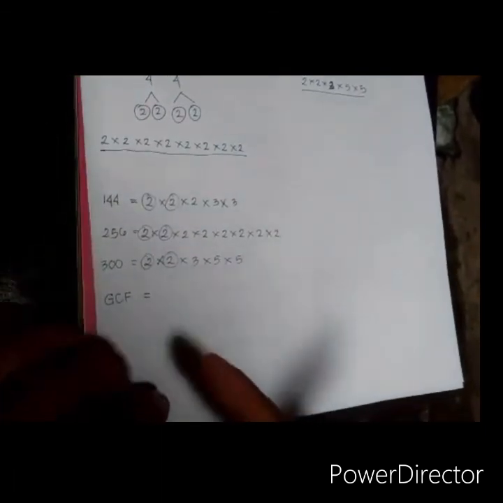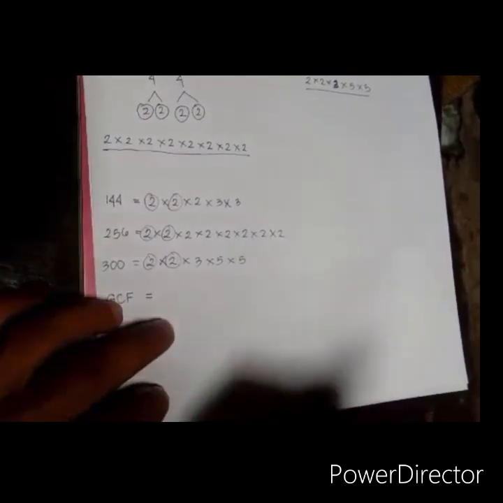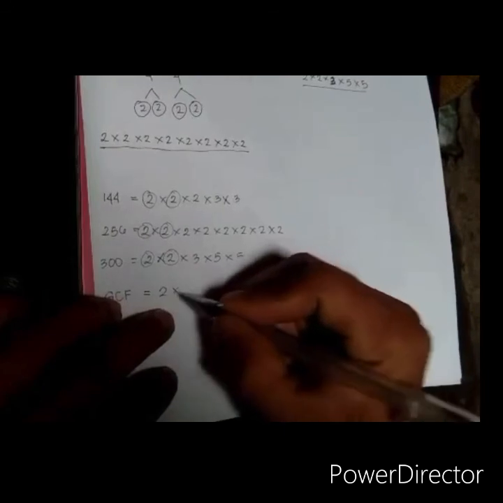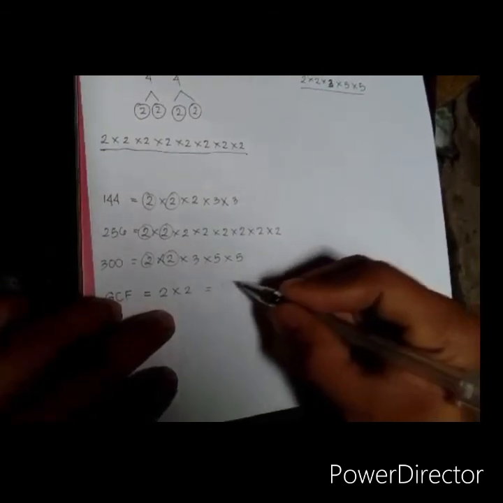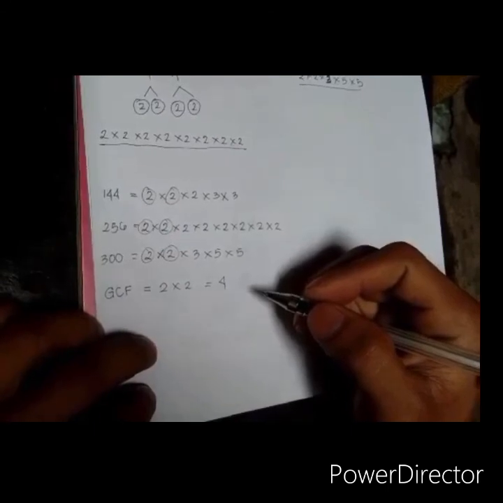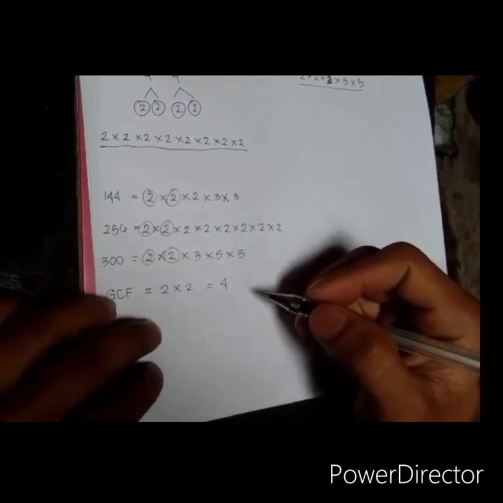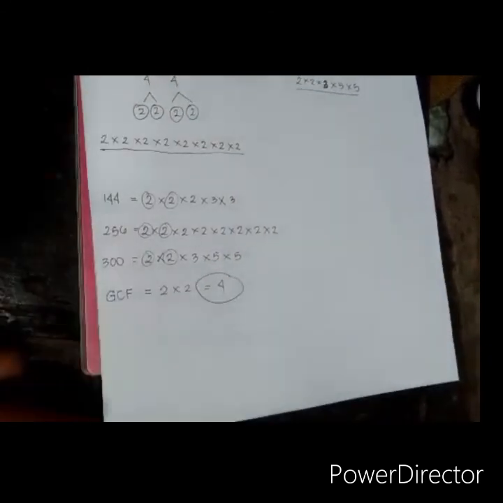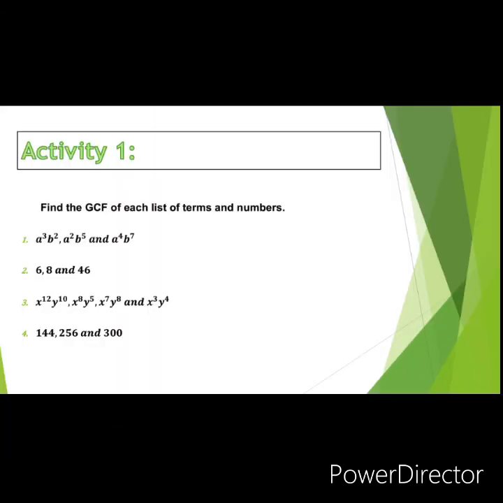There was only 2 common here, so let's write 2 times 2 is equal to 4. So the GCF of 144, 256, and 300 is equal to 4. Very good, Mr. Gifieso. Thank you so much.